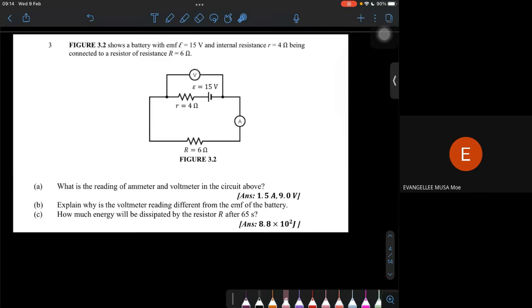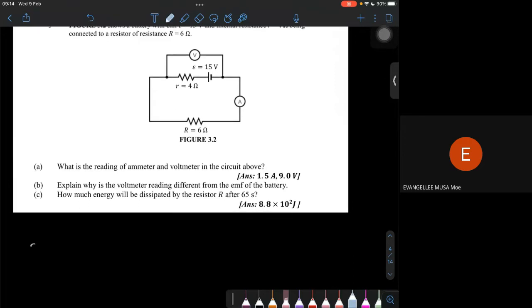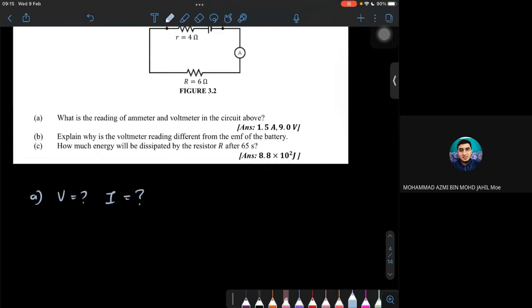So how do we find this? Anyone have an idea? We want to find V and I. Use Ohm's law. Yeah. Okay, so we use Ohm's law. V is equal to IR.